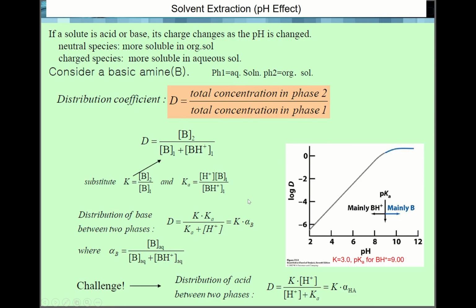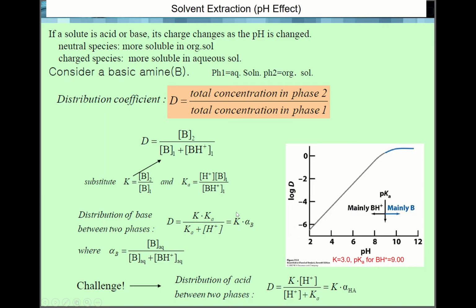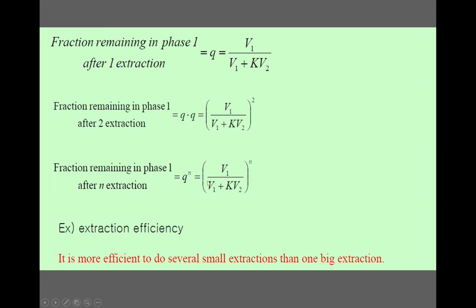Here is the Q, in place of K, using D. In this case, this Q is expressed here. Look at that, Q here.